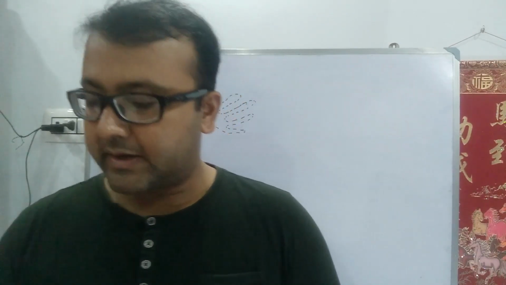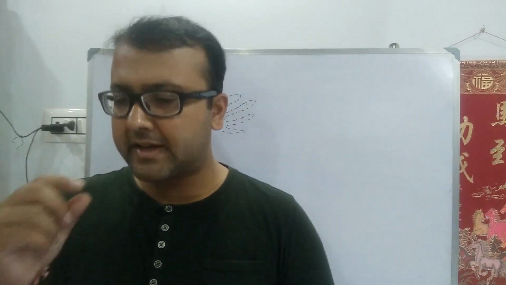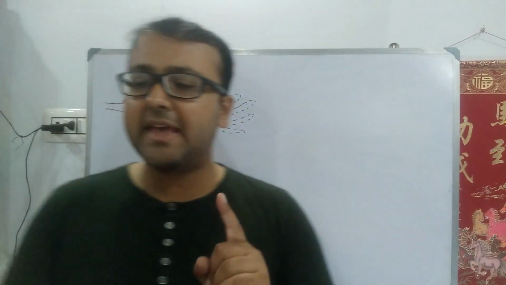It will originate from the common extensor origin, and where is it going to join? At the base of the metacarpal. Correct. The base of which one? Fifth metacarpal. So you are saying it is going to join at the base of the fifth metacarpal. I'll just make a slight modification over here. This is going to join at the extensor expansion of the fifth metacarpal.